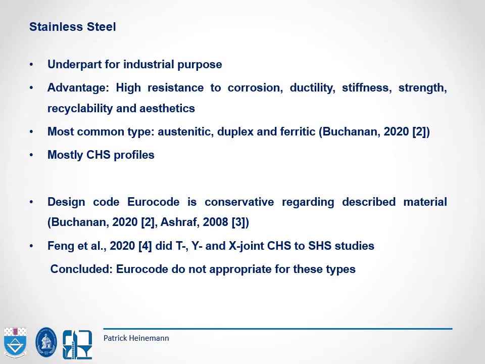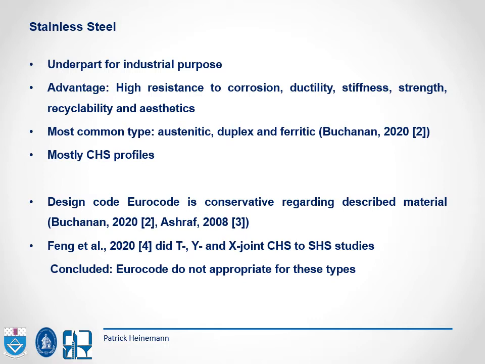At the moment it's underused for industrial purposes, but there are some advantages like high resistance to corrosion, ductility, stiffness, strength, recyclability, and aesthetics. The most common types are austenitic, duplex and ferritic. Mainly circular hollow section profiles are used.